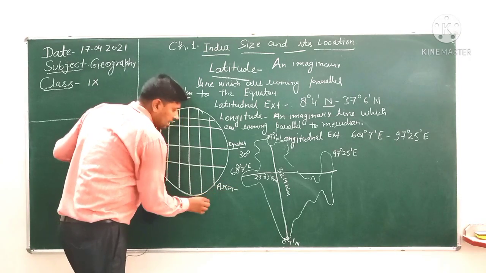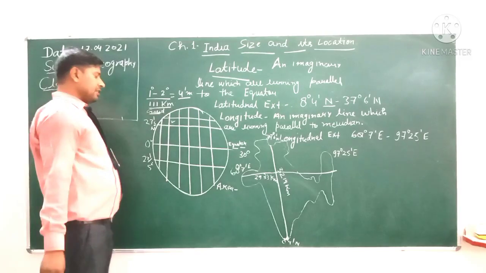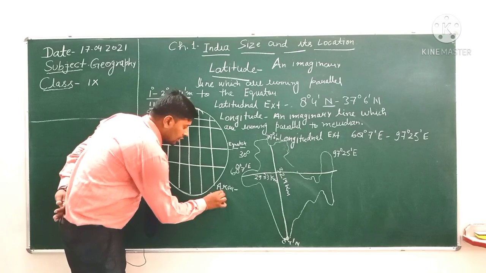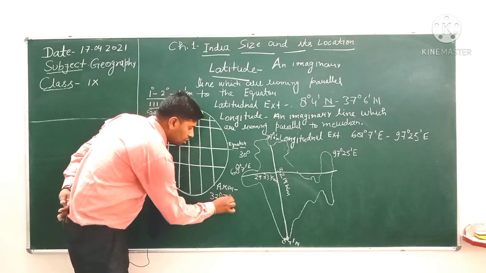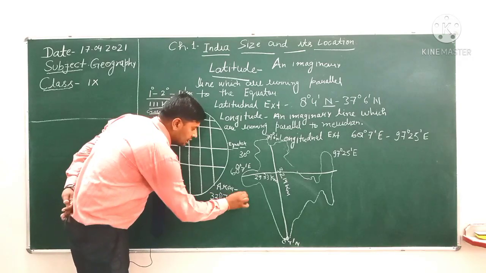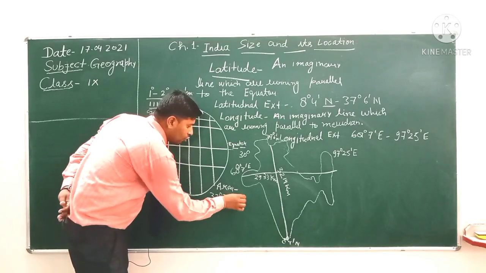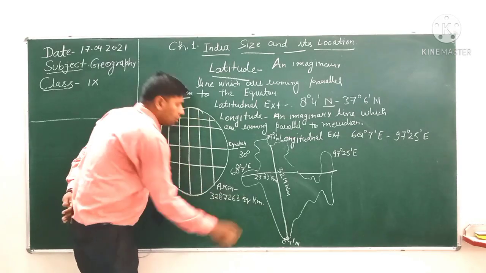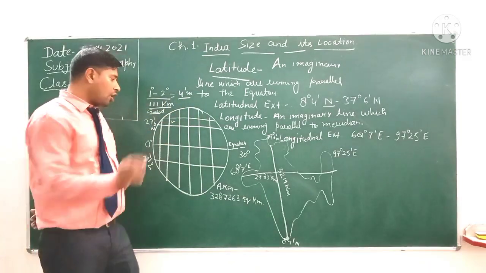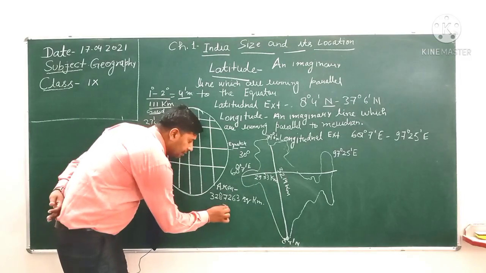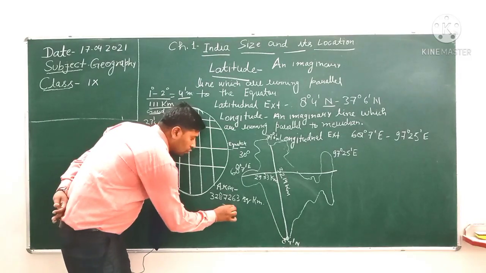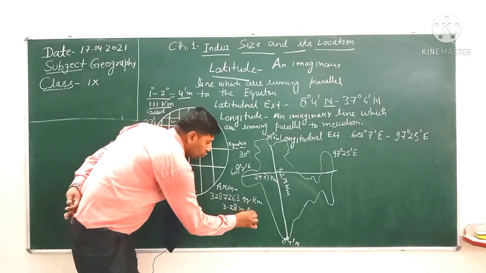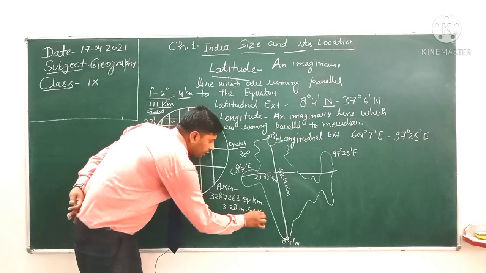The area of India is near about 32,87,263 square kilometer, or 3.28 million square kilometer.